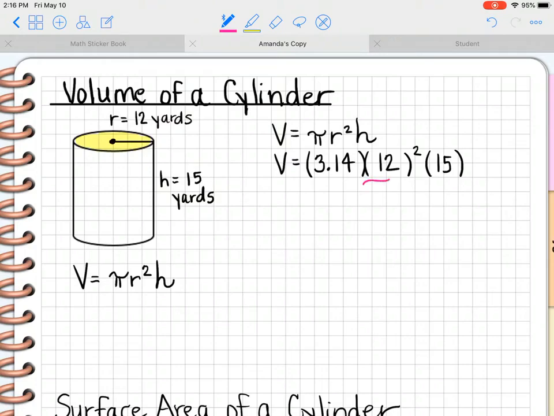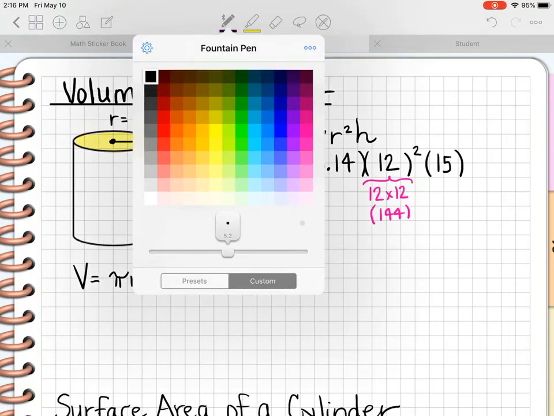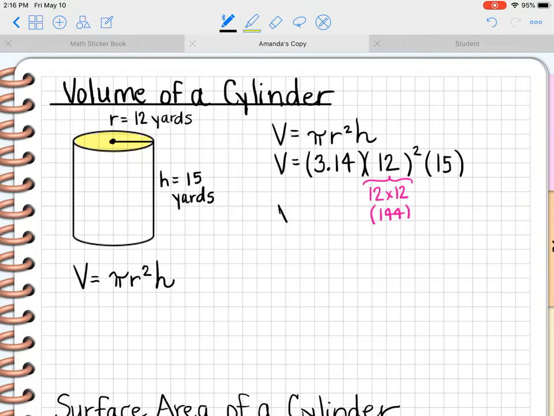Okay, the next thing we need to do is deal with the exponent. You can do this on your calculator, but I encourage you to go ahead and work it out. I've seen better results to do that. But 12 times 12 is 144, and then the rest I'm just going to copy down. And then I'm going to pick up my calculator and let the calculator do the work for me.